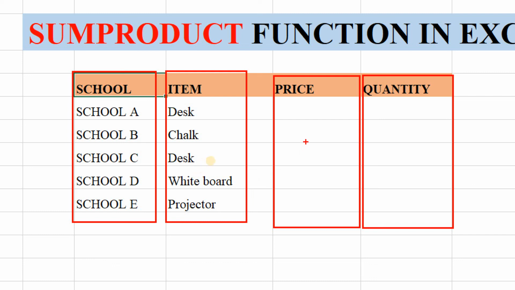Sometimes we take the price times the quantity, and here we have the amount for school A, the desks that school A has bought. Then we find the total amount of all schools, and this is how we usually do it.